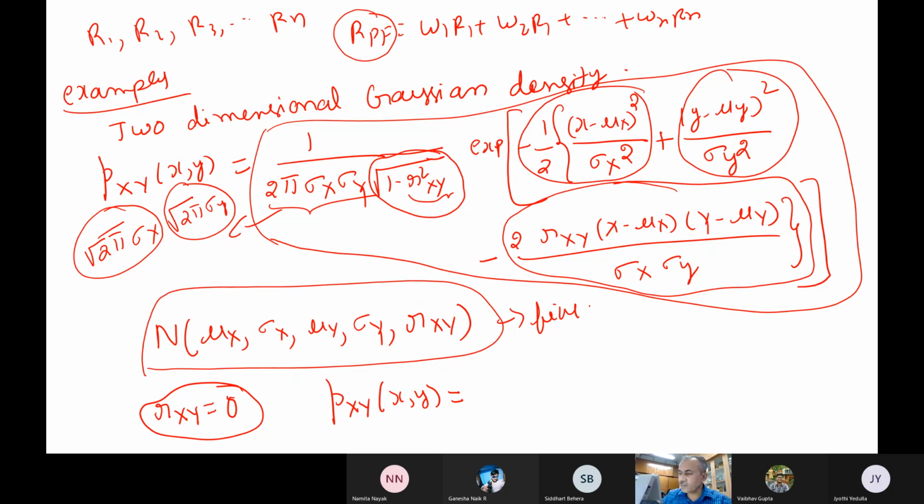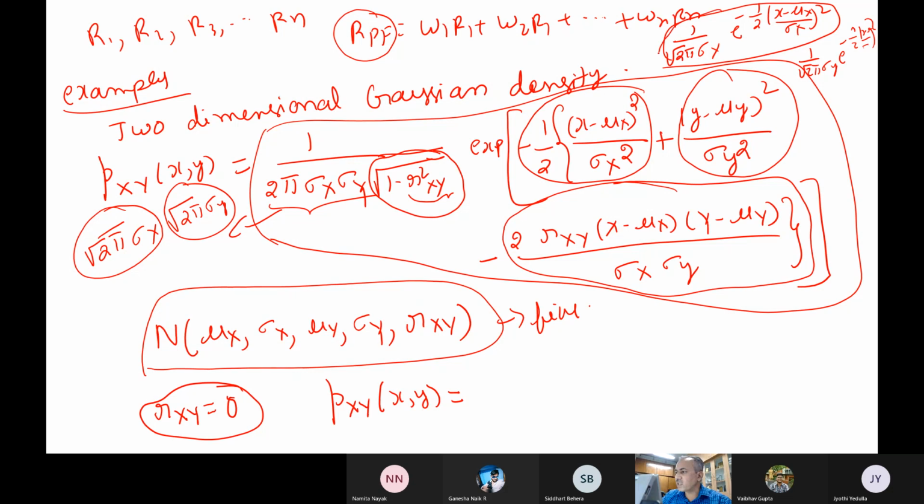What do we get? 1 by root of 2 pi sigma x multiplied by e to the power of minus half, x minus mu x whole square by sigma x square. So this is one quantity. Similarly, you have 1 by root of 2 pi sigma y, the same expression with y minus mu y by sigma y whole square.